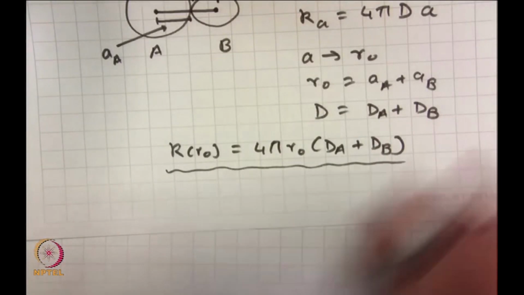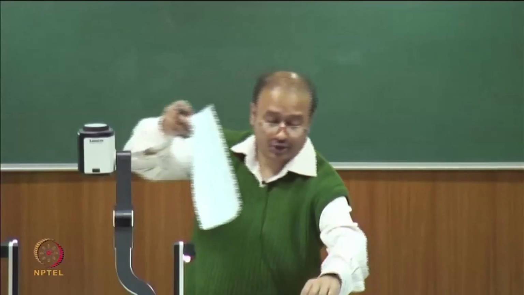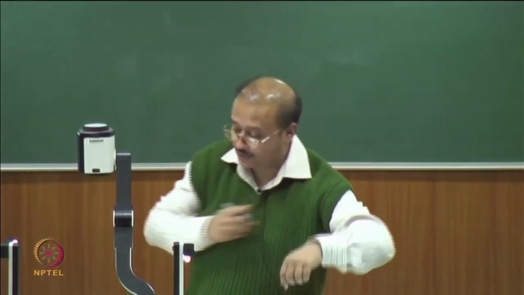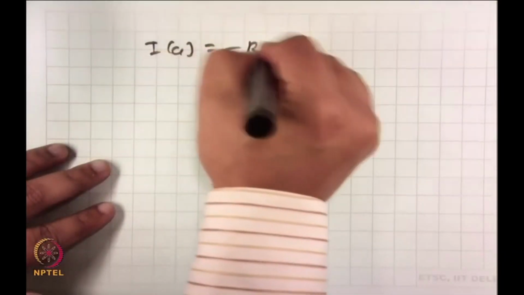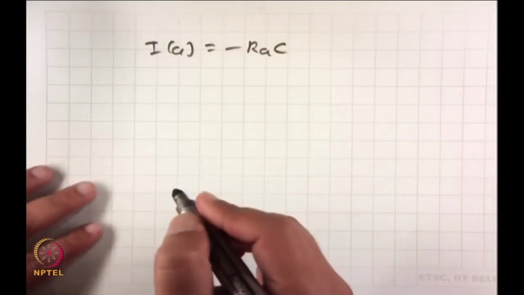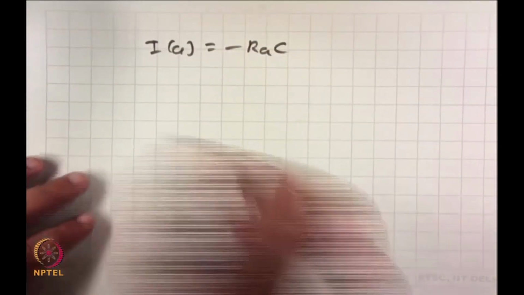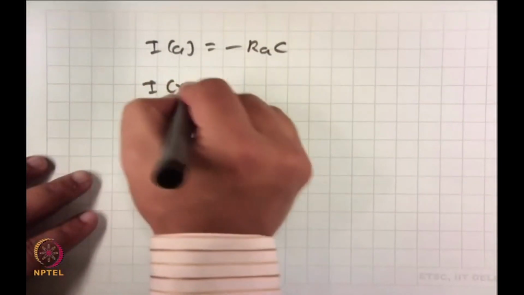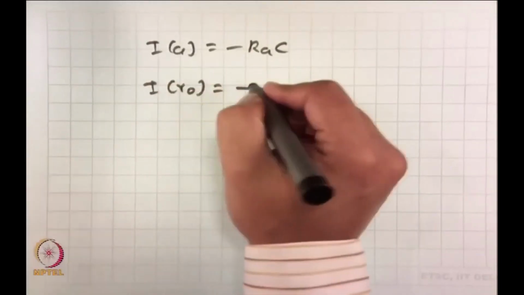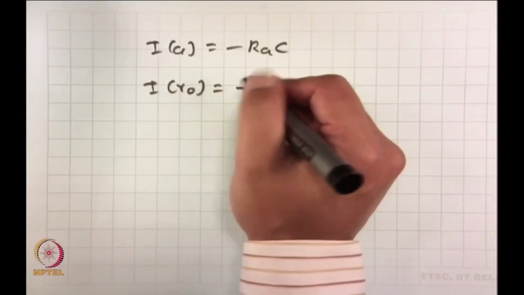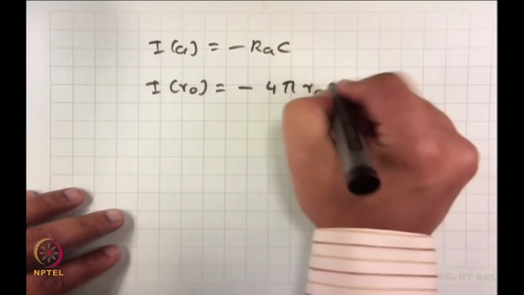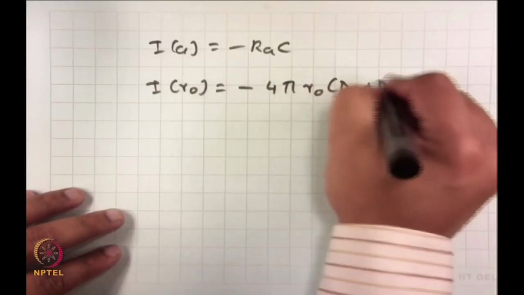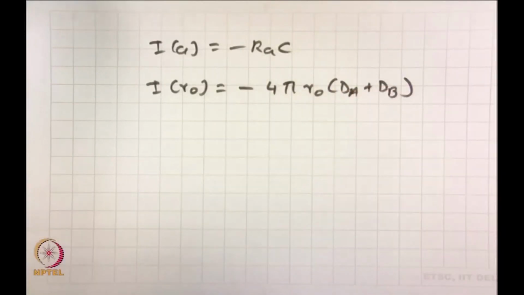So, this is one of the most general expressions for the rate constant you can have. Okay. And now, putting this in the actual equation, remember we derived I of A is equal to minus K A times C, this is what we were saying, right. So, here I of R 0 would be minus K of R 0, which is 4 pi R naught d of A plus d of B. Now, this is logical to assume.